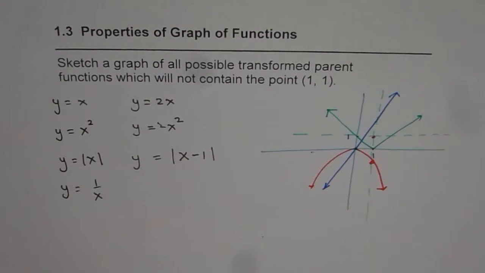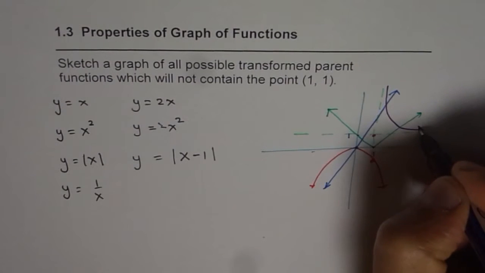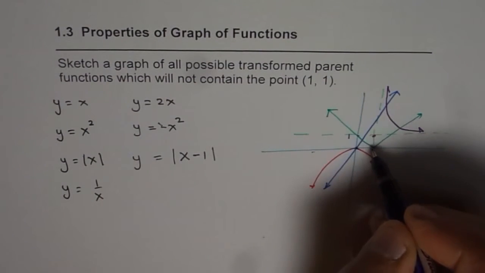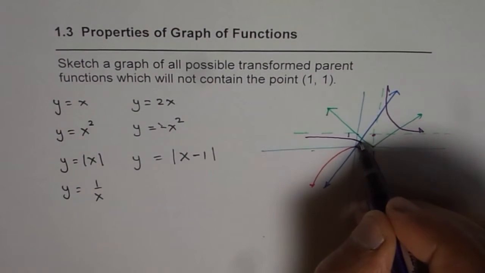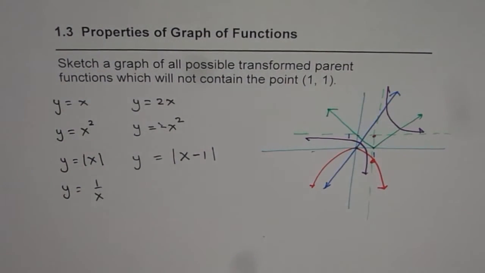In that case, the graph will not contain the point 1, 1, correct? So there are so many ways to do it. For all these situations, we can have many different solutions, right? There is not a particular solution which fits, but there are so many ways you could do it.